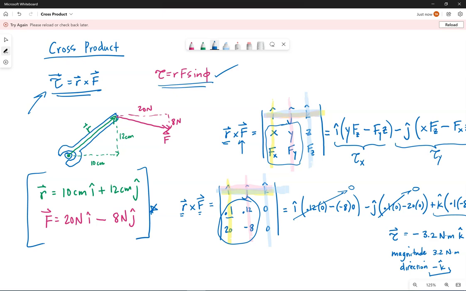So if my lever arm and my force are already in terms of components, it can be easier to set up the matrix and just solve for the determinant, rather than taking the time to figure out the angle between R and F. But both work just fine.